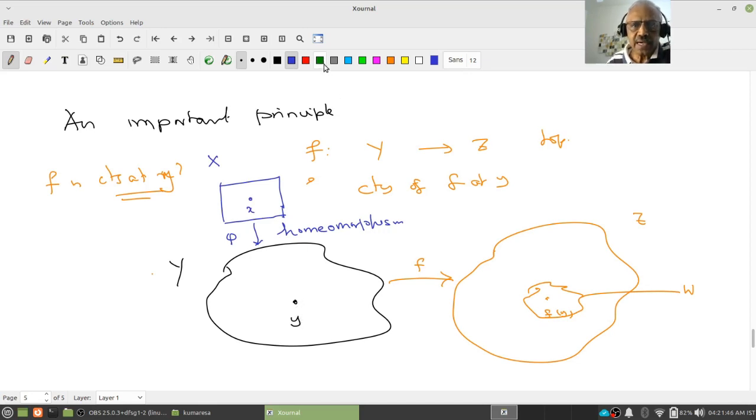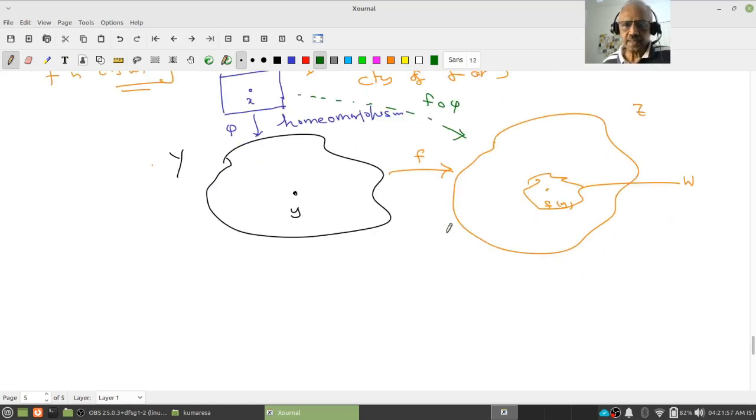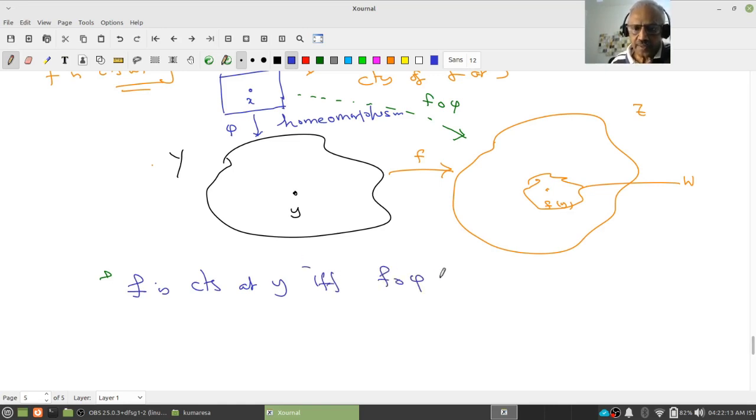Now do you see that I have a natural map, this is f composite phi. Right? So what is it that I want to claim now? I want to claim the following: f is continuous at y if and only if f composite phi is continuous at x.